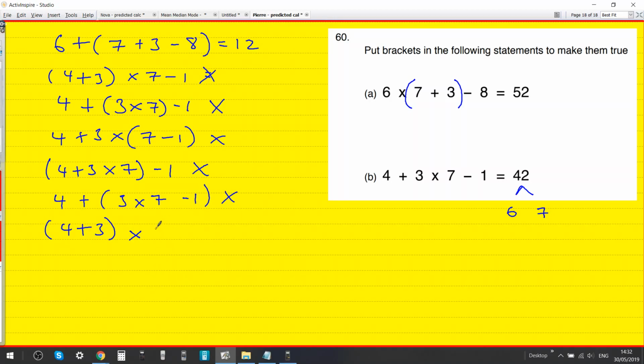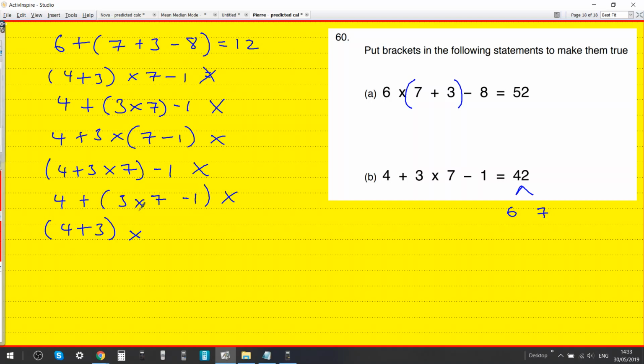It was just a bracket 7, and then outside the bracket minus 1. That didn't work. Well, 4 plus 3 makes 7. So how could you make 6? 6. Oh, minus 1.